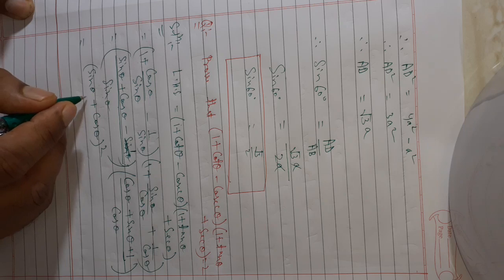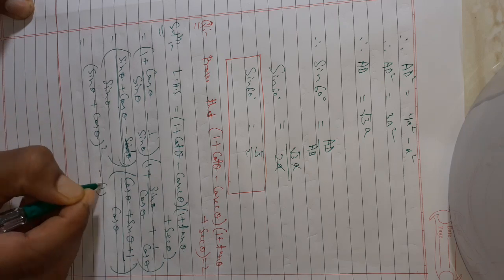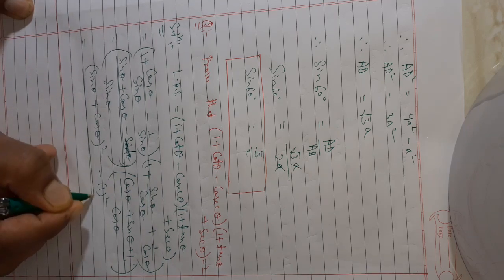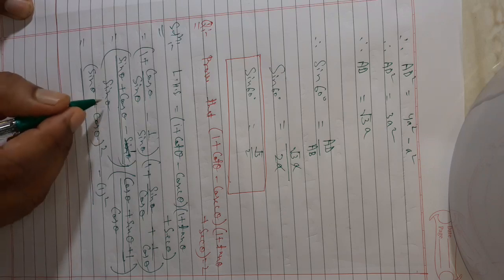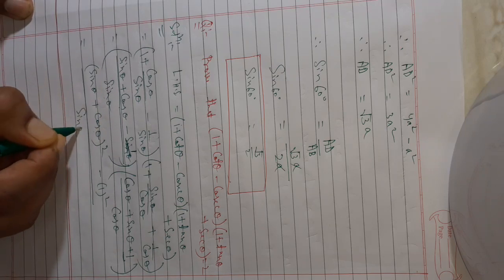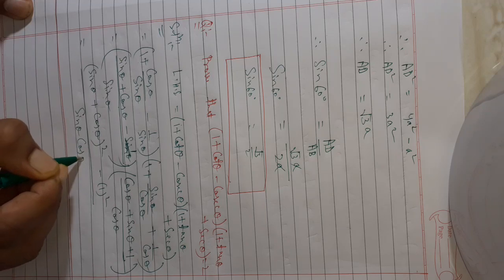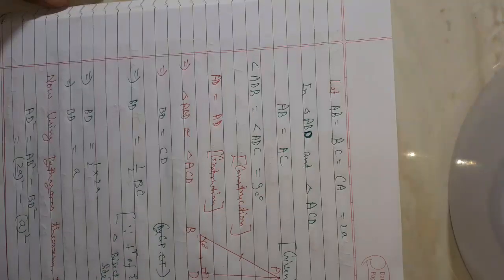Okay, so (sin theta plus cos theta) whole square minus 1 square divided by sin theta cos theta. Okay, now after this what will be there?